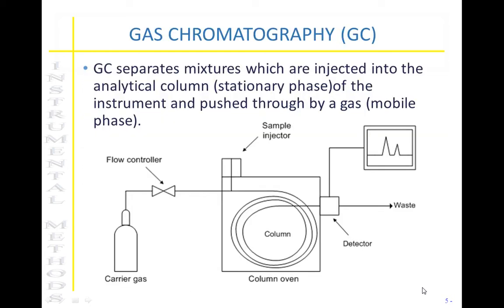Another chromatography method is gas chromatography. This separates mixtures by injecting a liquid sample onto an analytical column, which is the stationary phase. The separation occurs because of a gas that's going to push the samples through the column itself.